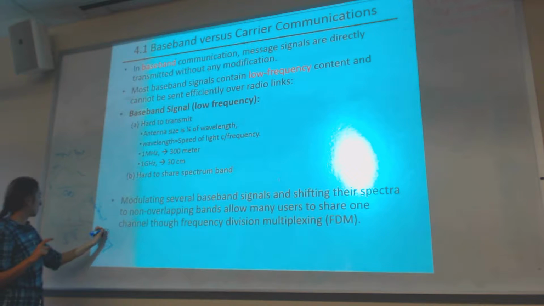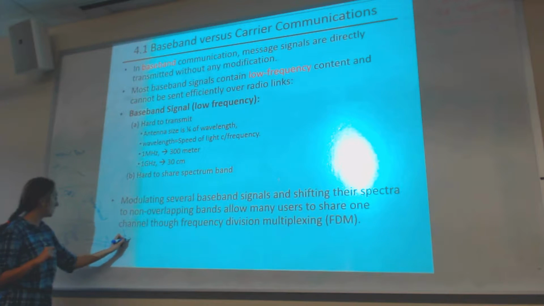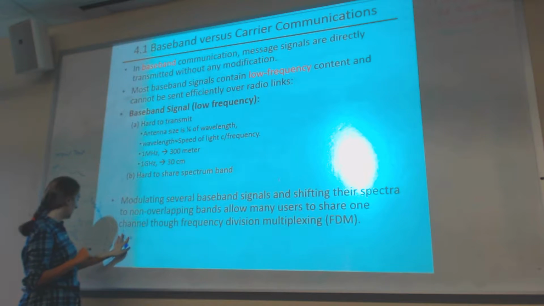When you have an electromagnetic wave, lambda equals the speed of light divided by f.